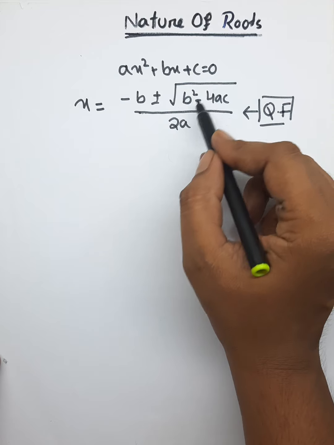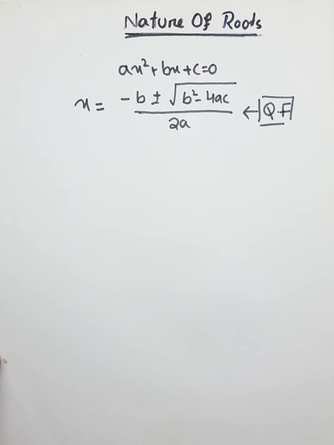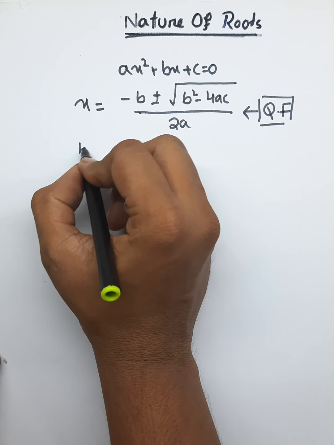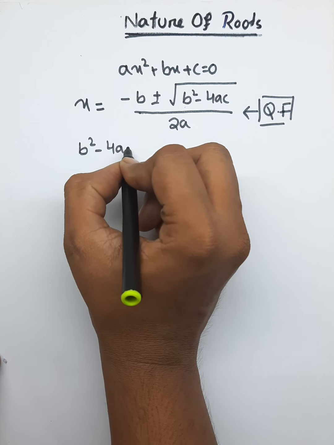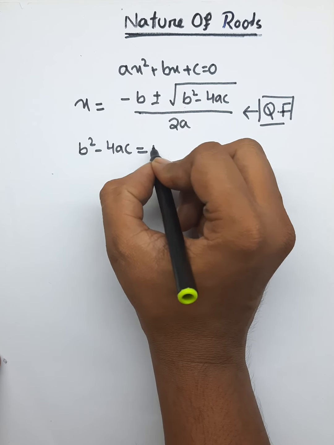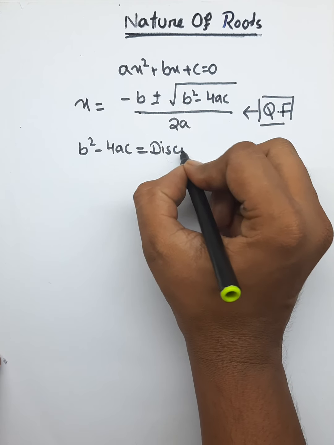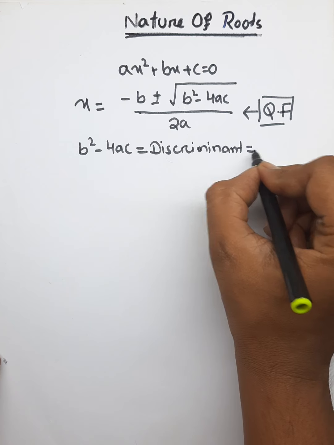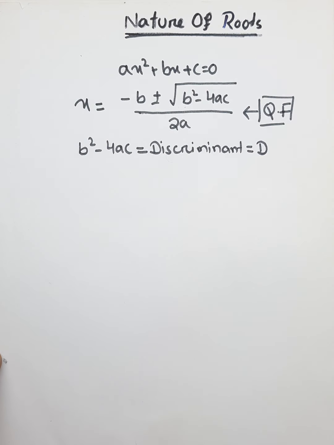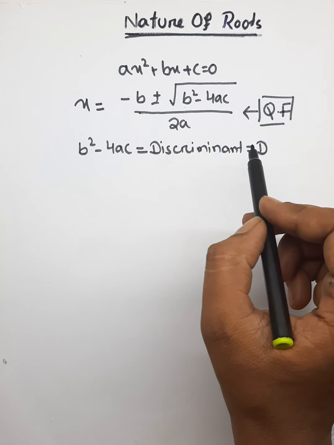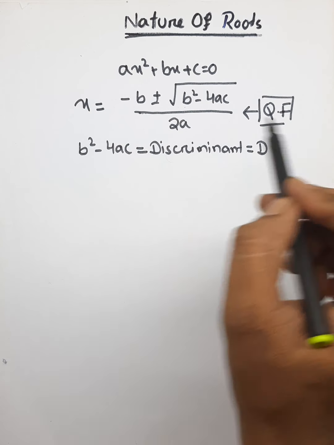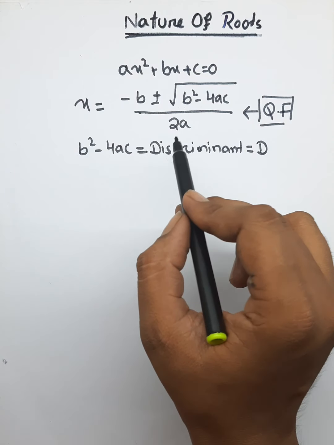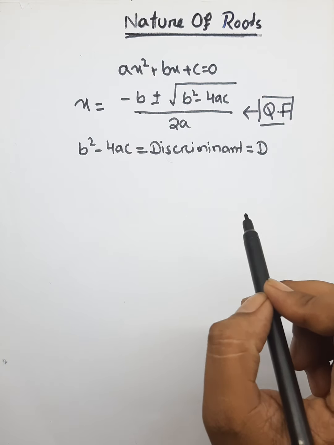Here, the term under the root, b² - 4ac, is known as the discriminant, and it is represented by the capital letter D. So D is b² - 4ac.